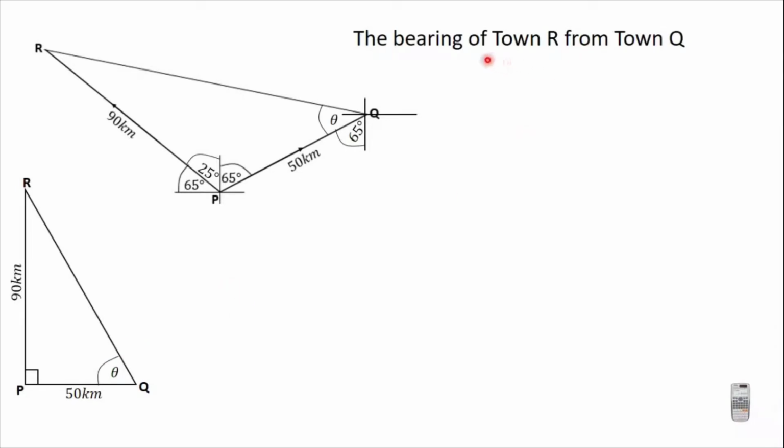So from here we can say that the bearing of town R from town Q is equal to, as we've already found out, 180 degrees plus 65 degrees plus theta. So we look for theta and we add it to this to get the bearing of town R from town Q. Tan will give us opposite over adjacent so that we can find our theta.